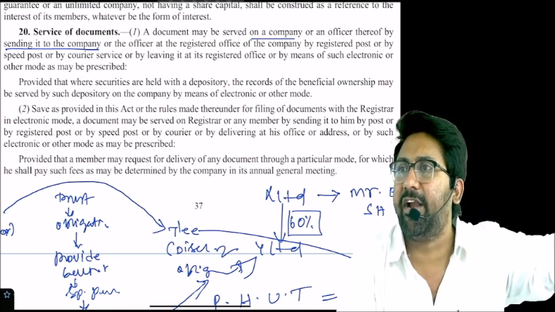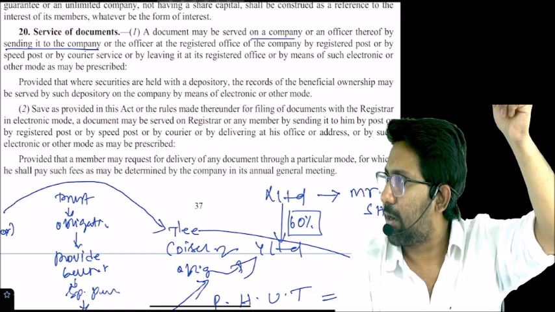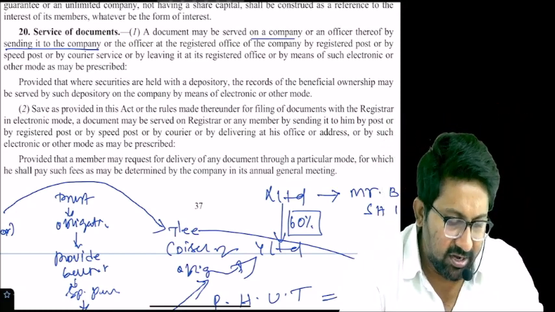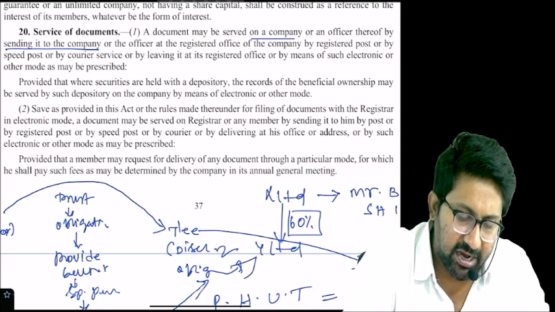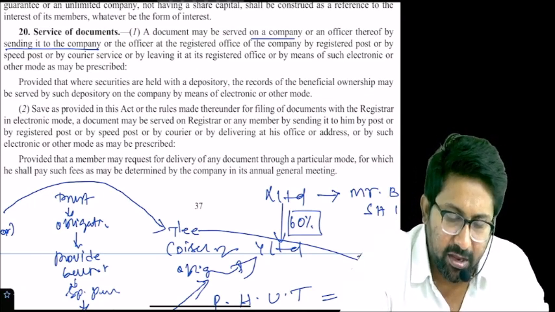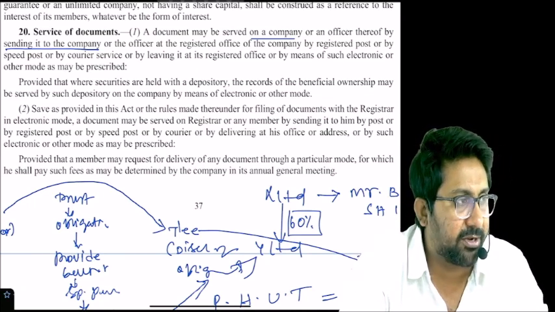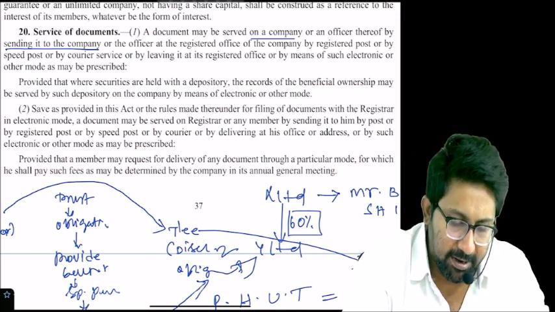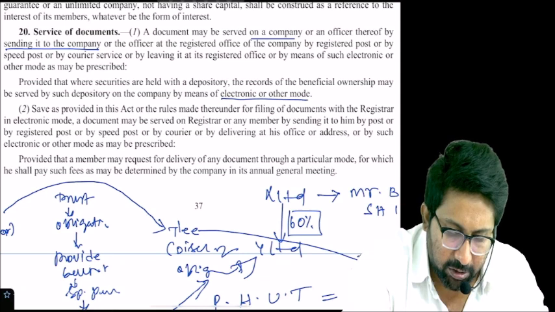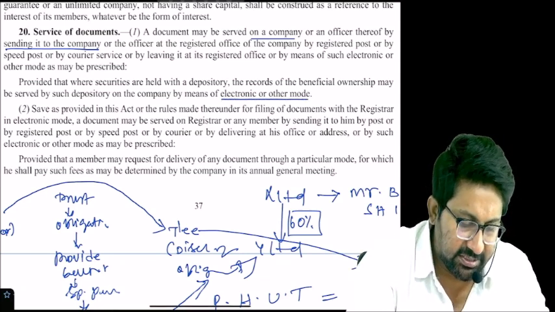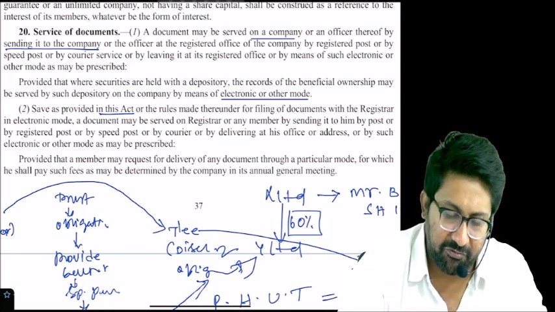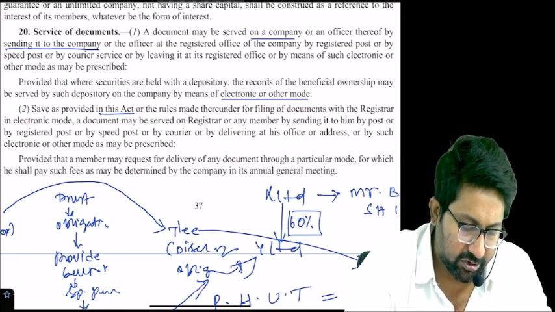Everyone please read. Completed up to here. Next, second one, provided that where securities are held with the depository, records of the beneficial ownership may be served by such depository on the company by means of electronic or other mode, save as provided in this Act or the rules made thereunder for filing of documents with the registrar in electronic mode.